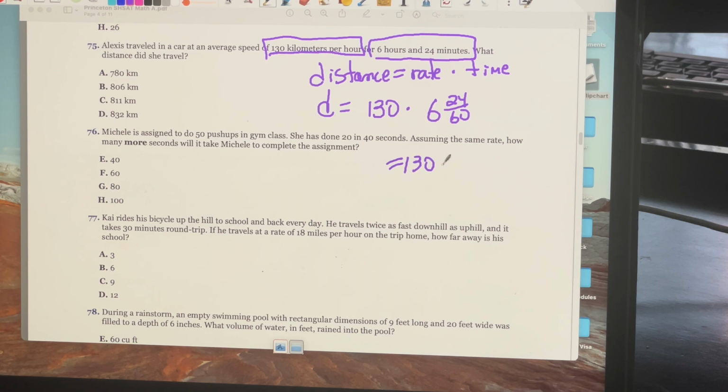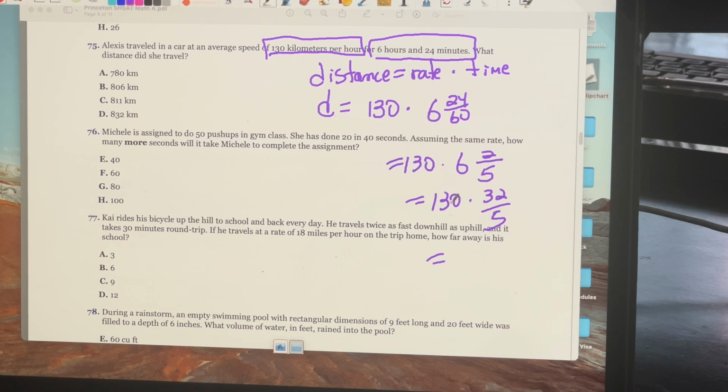So you get 130, and we're going to simplify this. 6 divided by 12 is 2, divided by 12 is 5, and again, let's change this to an improper fraction, 32 over 5, right? And this is what you end up multiplying at the end.